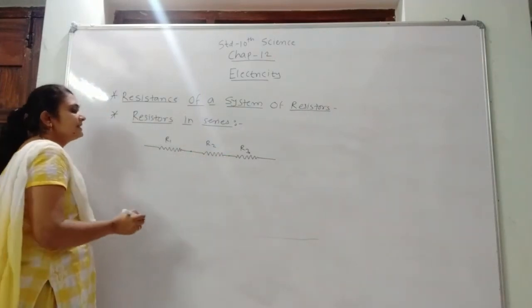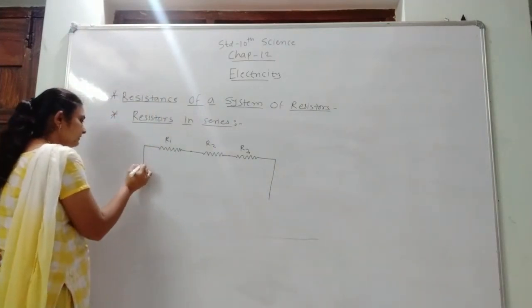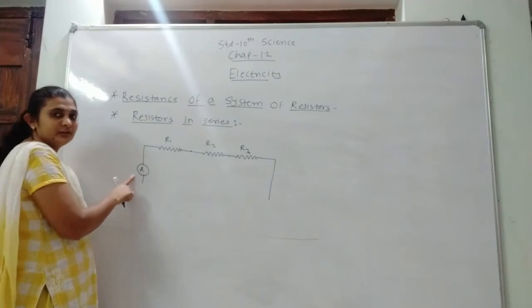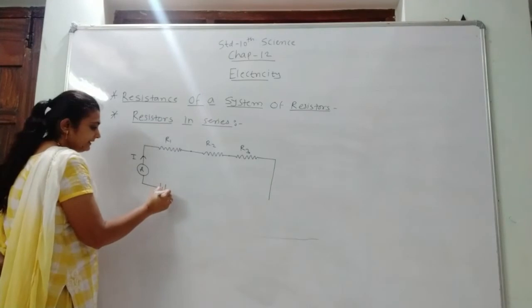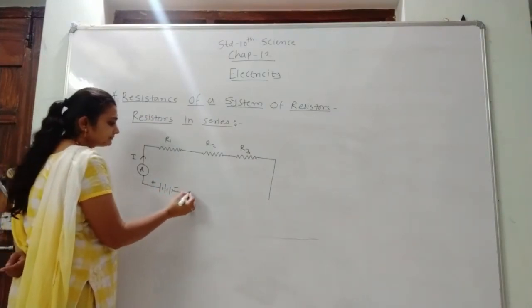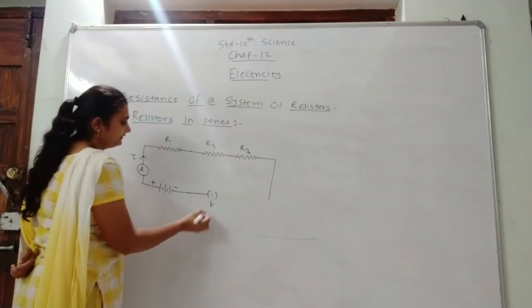This is called the series connection. We complete the circuit: ammeter, which measures the current flowing through the circuit, battery, key.